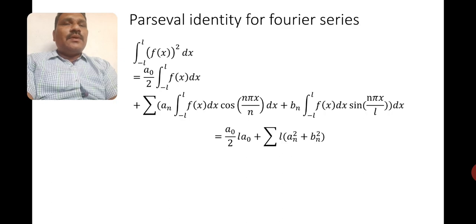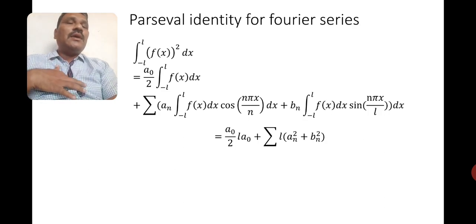Now, a naught by 2 times L into a naught. Those who have done Fourier series know a naught is given by 1 by L integral minus L to plus L f of x dx. Therefore we get L into a naught square by 2, plus summation of L into an square plus bn square.